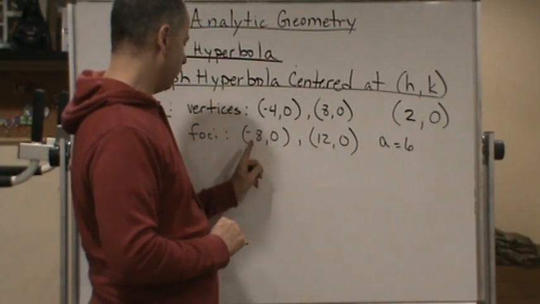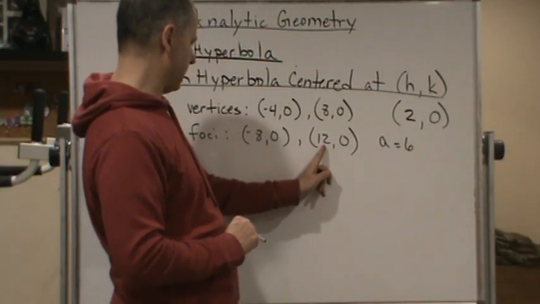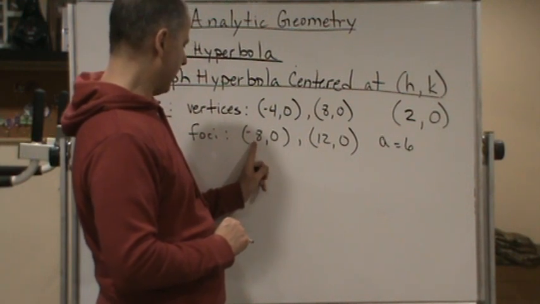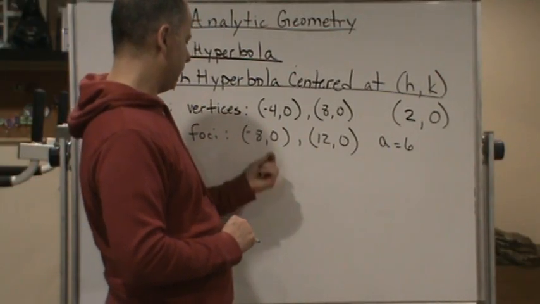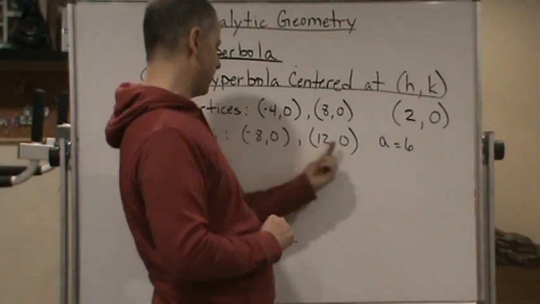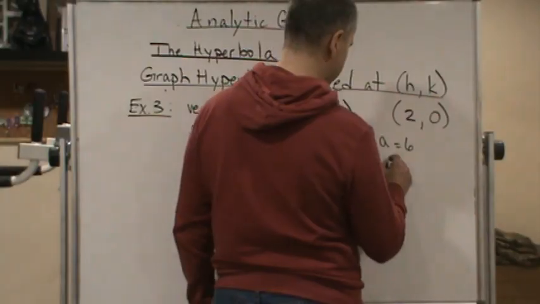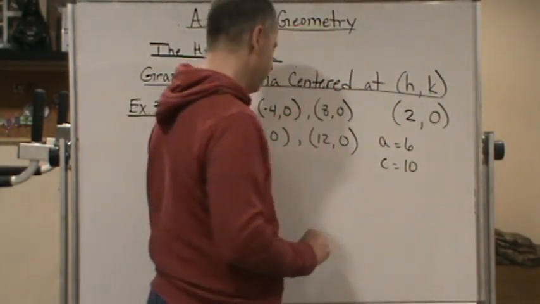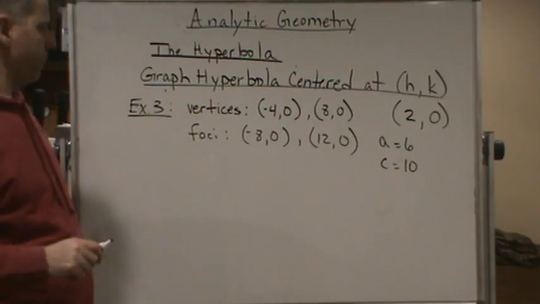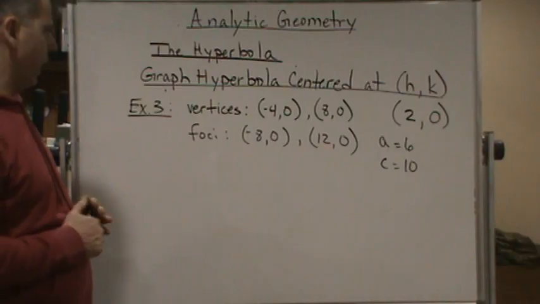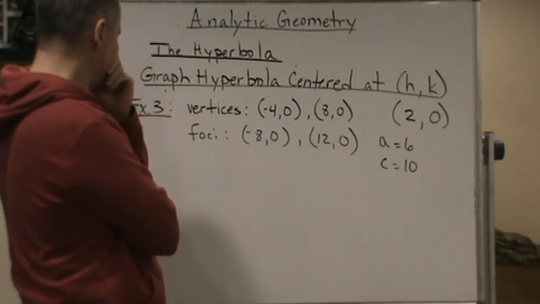So we take the distance from the origin, 12, and this distance from the origin, 8, and add those together, which gives us 20. So the distance between the 2 foci is 20 units. If we divide that by 2, that gives us our C, which is 10. So now we've got our A and C.